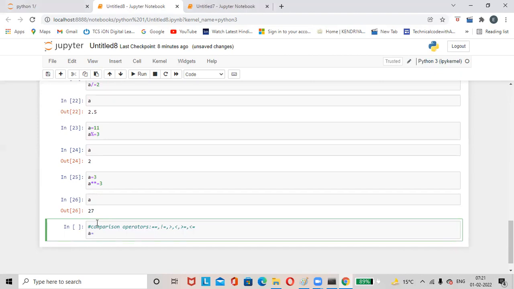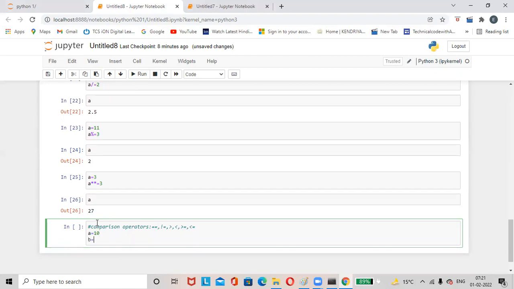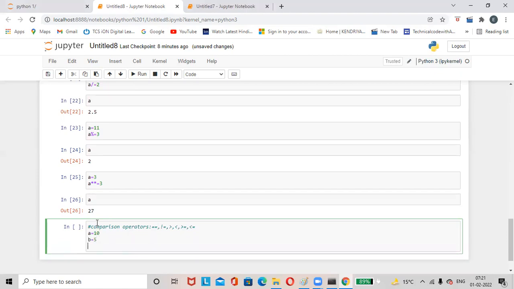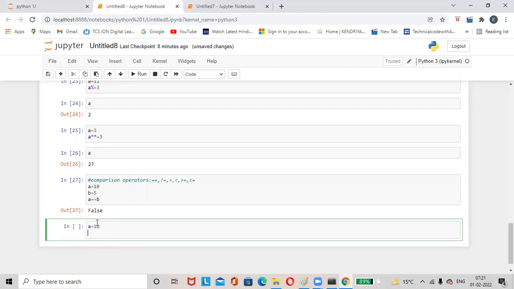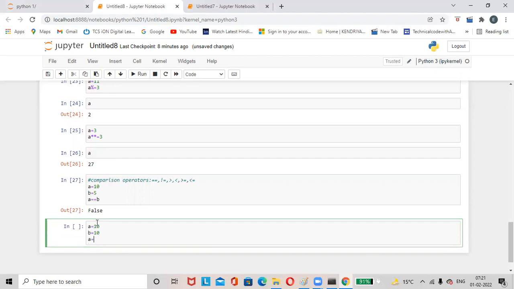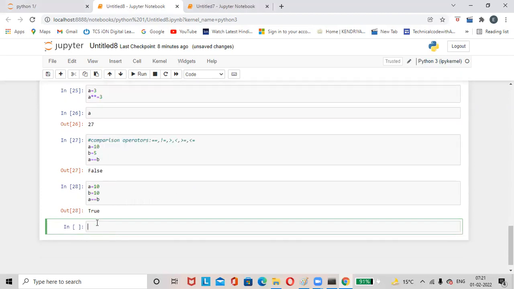A equals 10. B equals 5. So A equals equals B. False. Why? Because both the A and B values are different. If A equals 10, B equals 10, A equals equals B. So the result is true.